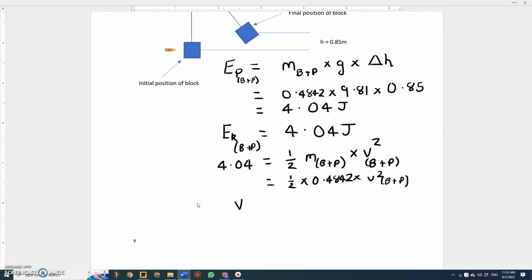So if we rearrange that, two times 0.4842.